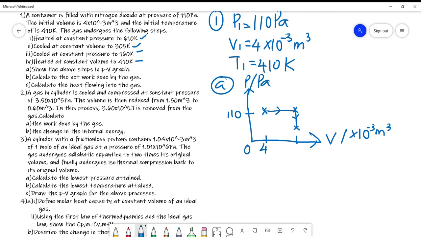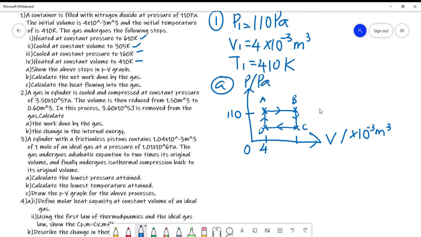This is my second process, and cooled at a constant pressure to 160 K. This will be my third process, and finally heated at a constant volume to 410 K. This will be my fourth process. So this is A, B, C, and D.